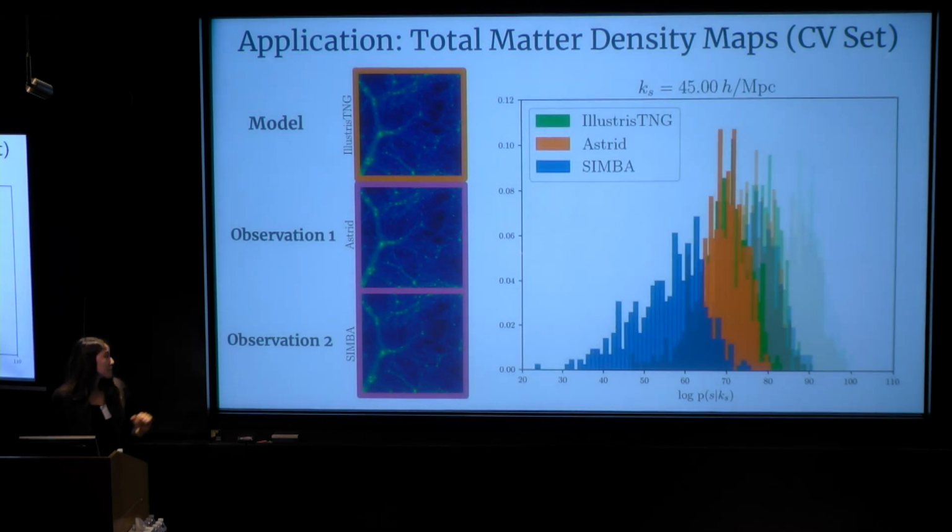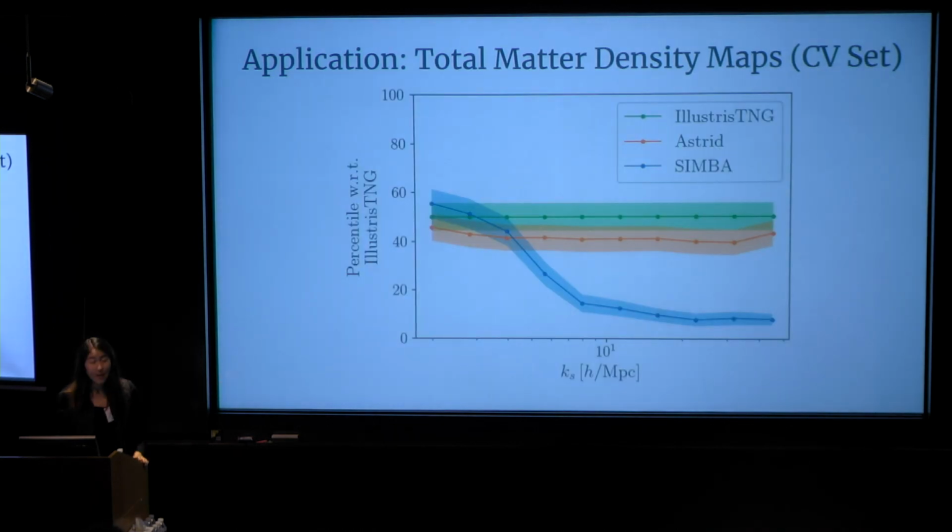However, as we go to smaller and smaller smoothing scales, we see that while Illustris and Astrid are mostly showing the same values for the evidences of the summary statistics, the evidences for SIMBA seem to be consistently lower, at the lower end of the evidence distribution. And we can see it even better if we compute the average percentile of the summary statistics from Astrid and SIMBA with respect to the IllustrisTNG.